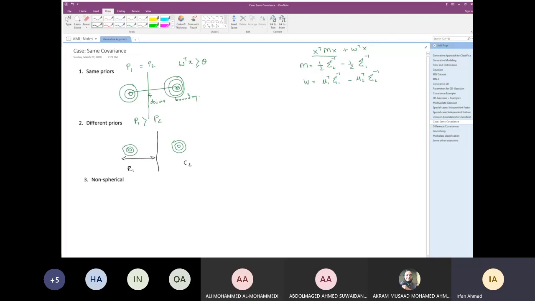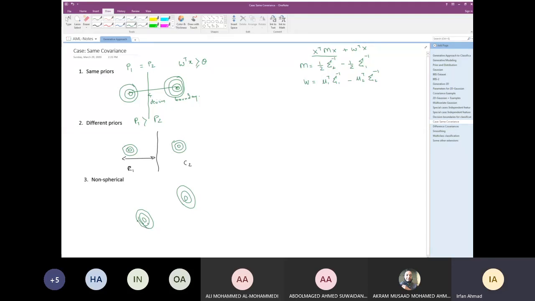And what happens in this case? Think about it. Again, your covariances are the same, but the features are not independent. So assuming you have some tilt, and both covariances are still the same, but the features are dependent.